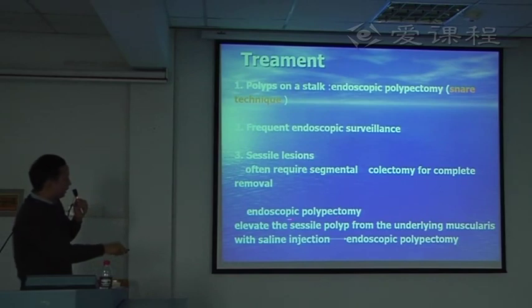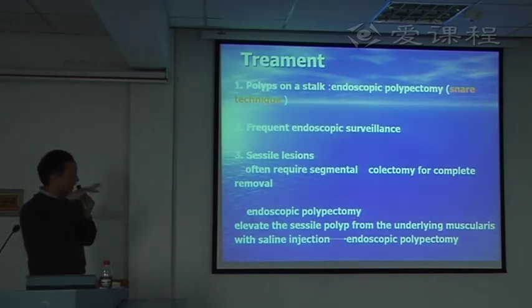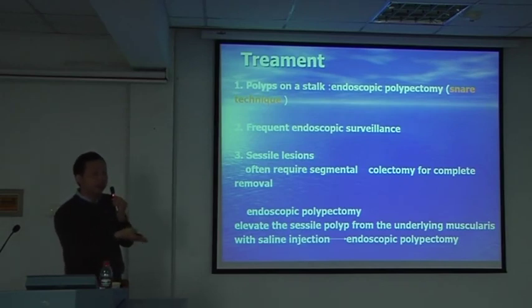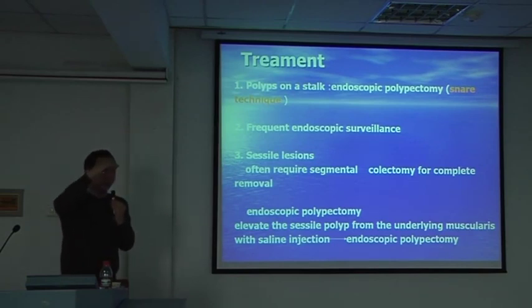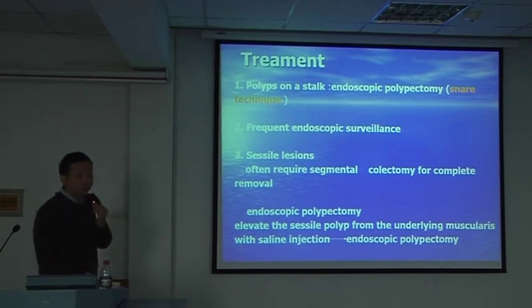We also use a method for endoscopic polypectomy: elevate the sessile polyp with saline injection into the submucosa beneath the polyp, then do the endoscopic polypectomy.